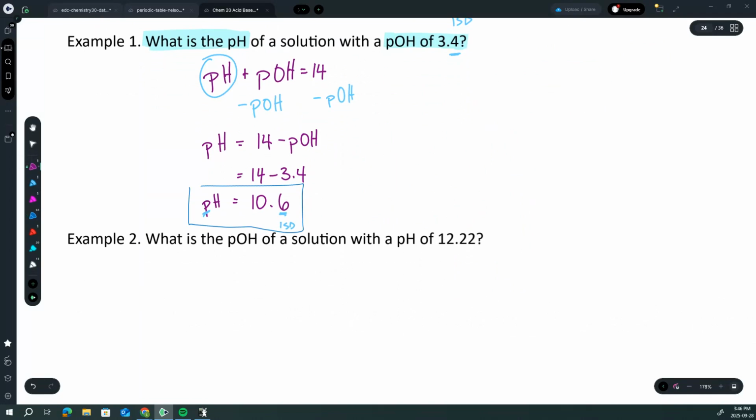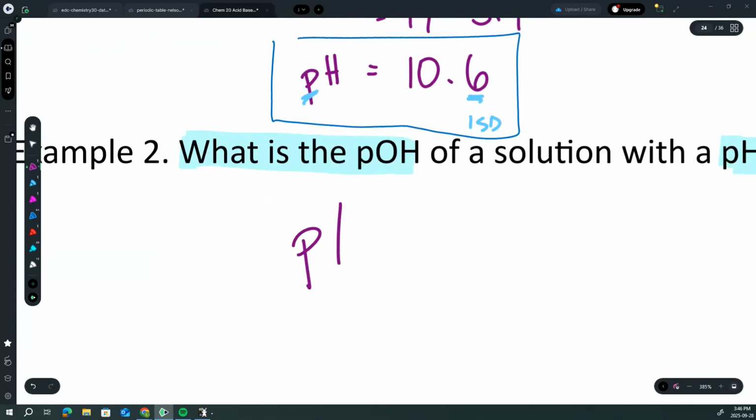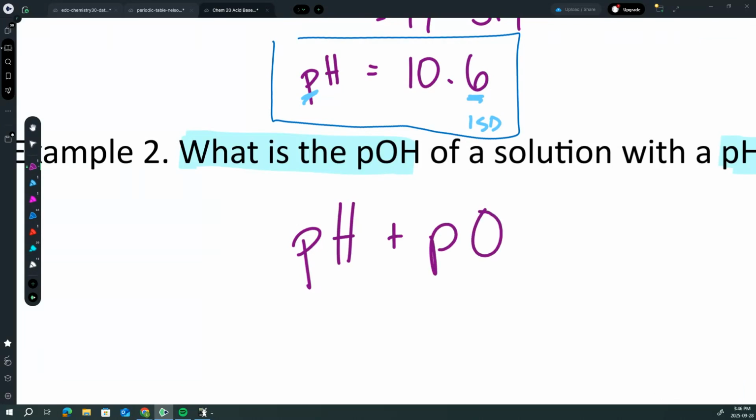All right, next example. What is the pOH of a solution? So that's what we're trying to find. What is pOH if we're given a solution with a pH of 12.22? Similar idea. Let's start out with our formula, pH plus pOH is equal to 14.